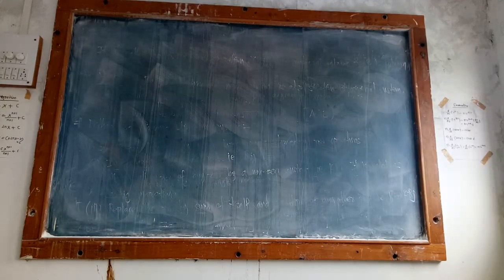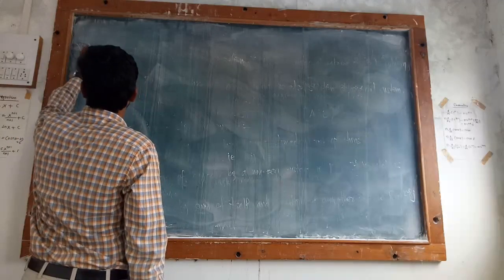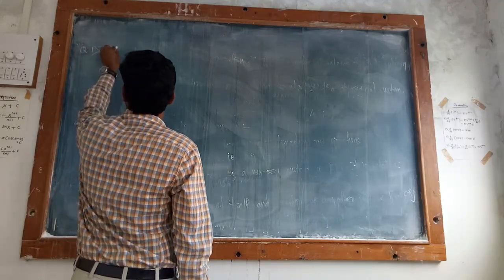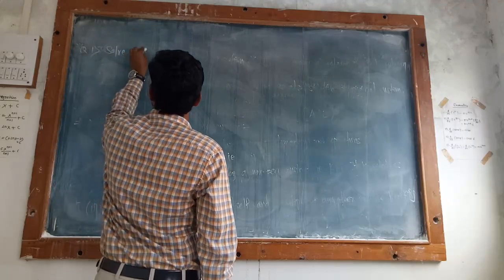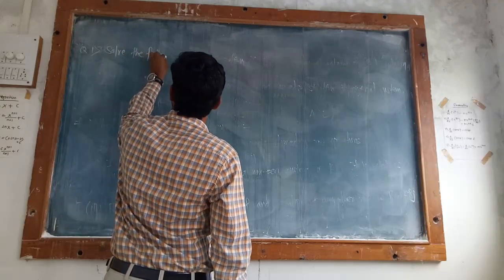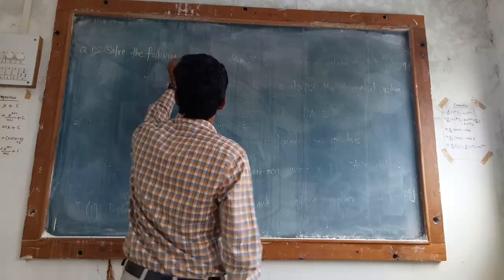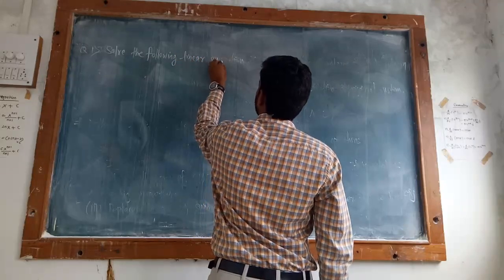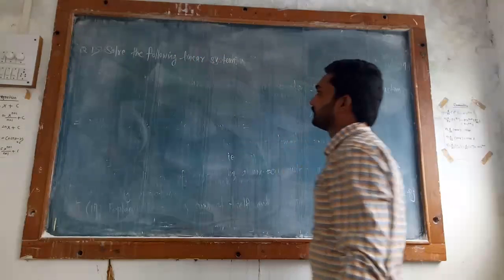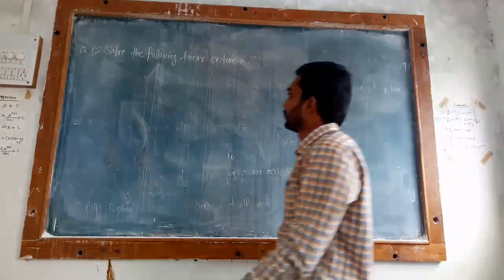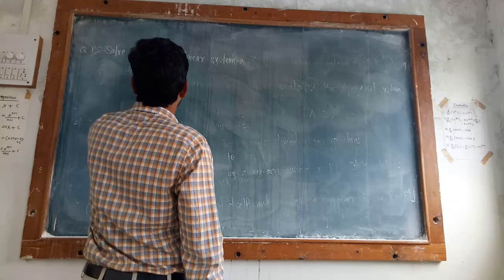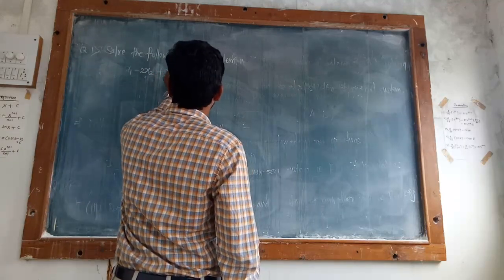So let us take an example on the system of linear equations. Write down question 1. Solve the following linear system. Your first equation is x1 minus 2x2 plus x3 equal to 0.